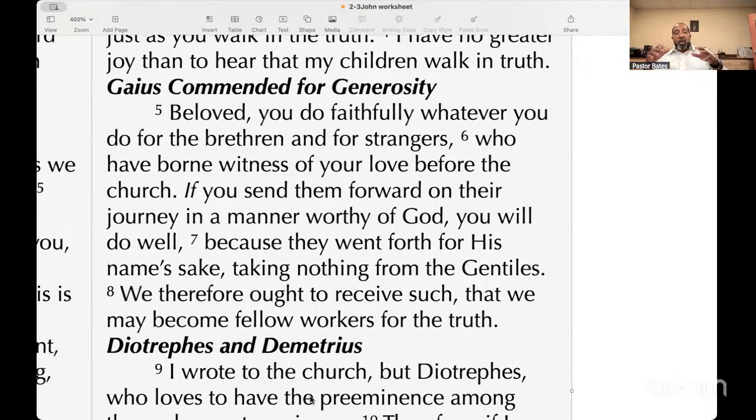The brethren more likely, because the word is connected to the womb, would be people that Gaius knew, while the strangers would be those he didn't know. But what do both the brethren and the strangers have in common? The truth.